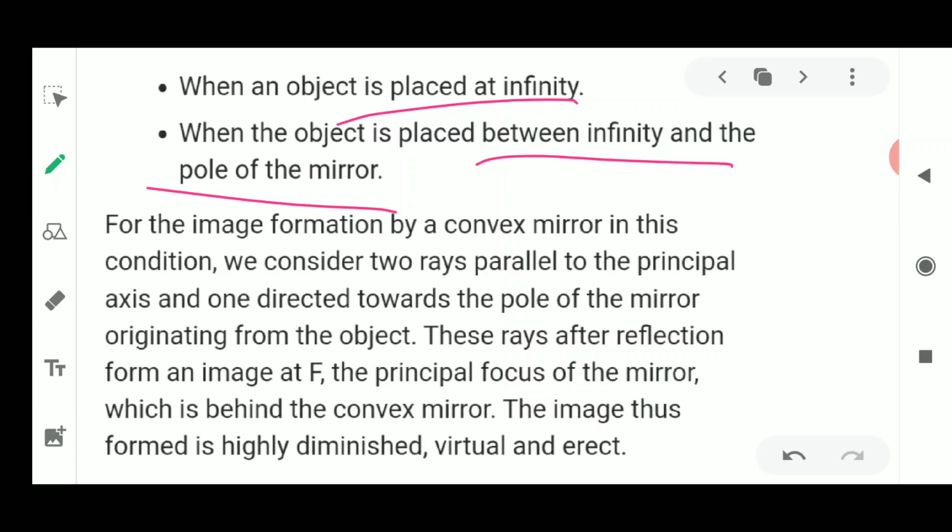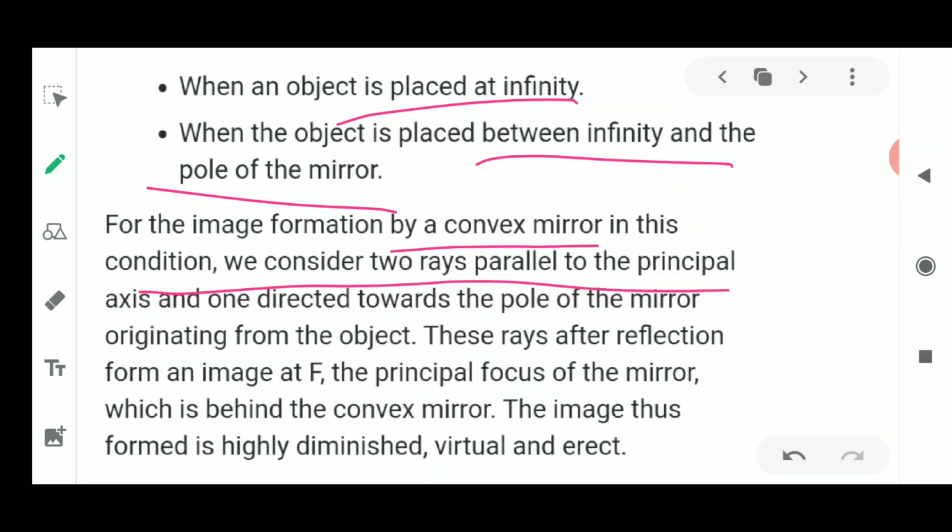The first place is at infinity. For the formation of the image in the convex mirror, in this condition we consider two rays parallel to the principal axis. One is directed towards the pole, and another one is originating from the object. These rays after reflection form an angle at the principal focus of the mirror.